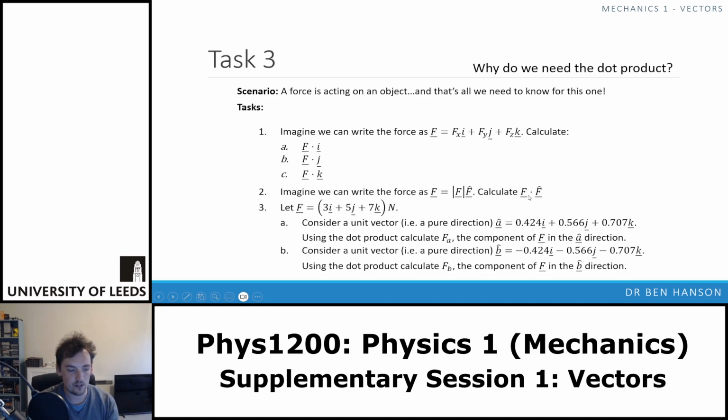Calculate F dot F hat. And then, here's a vector that's got actual components to it. Calculate how much of that vector is in each of these directions using the dot product. So have a read over these, and I'll give you, I don't know, as long as you need to do these.